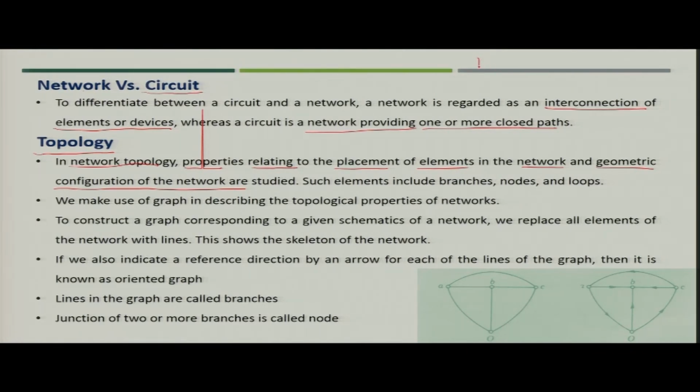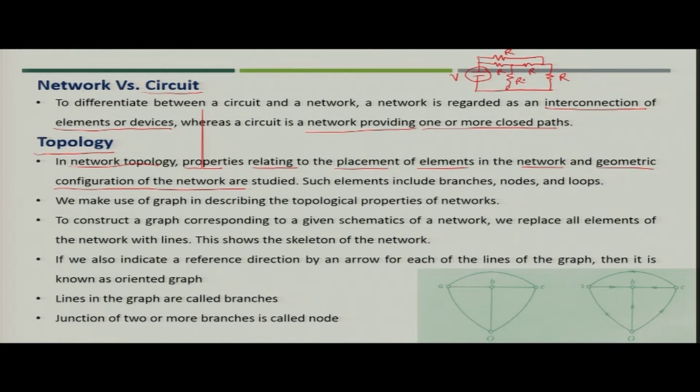Generally when you see a particular network, like if you represent here, there is a resistor. If you take the circuit like this, suppose all are of equal resistance R and this is voltage V. So, if this is the circuit, you may be interested to find out the connectivity information.